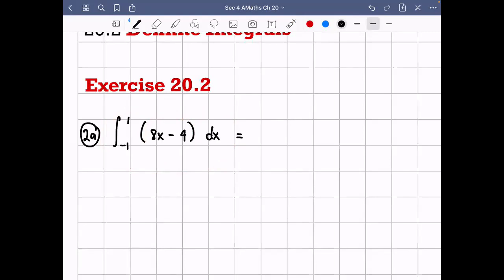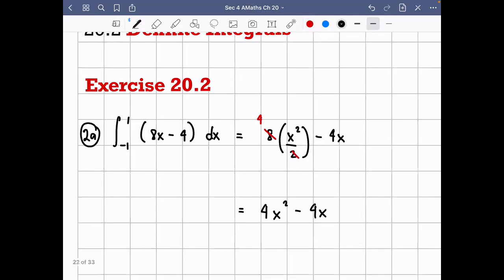So 8x becomes 8 times x squared over 2, and then minus 4x. So simplifying, your answer here is 4 times x squared minus 4x.